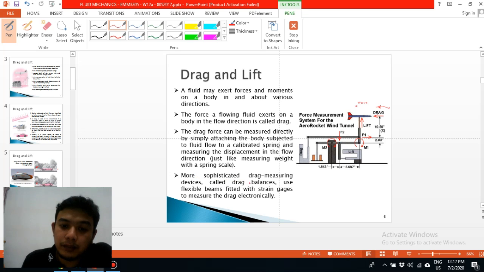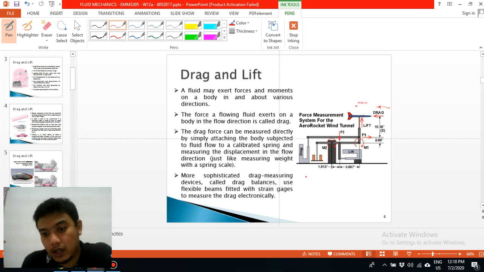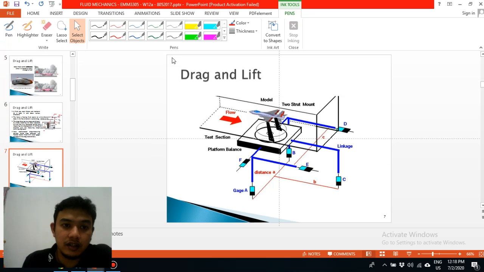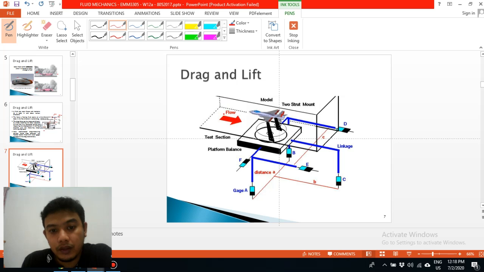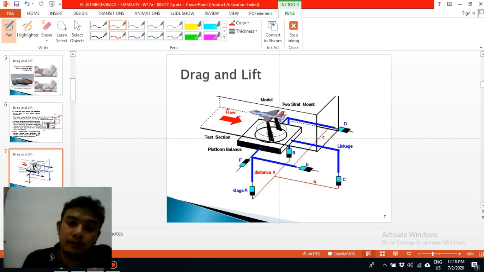A more sophisticated drag measurement device, called a drag balance, uses a flexible beam fitted with strain gauges to measure the drag electronically. We have this equipment in our aerodynamic lab, so maybe at one point you will have the experience to use it. This is an image of how it works. We put it, for example, in the wind tunnel, so the flow comes from the inlet and we put the model here.